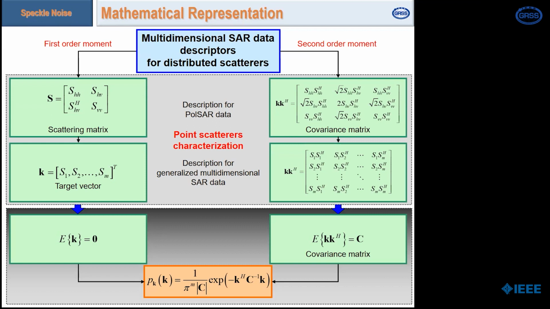So how do I characterize the statistics of the data through the covariance matrix? How do I interpret the physics? Through polarimetry. And everything is linked by the distribution of the data. So when I'm dealing with distributed targets, with forests, crops, ice, glaciers, whatever you want, something natural, I have to go into here.